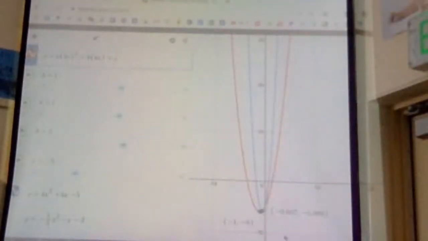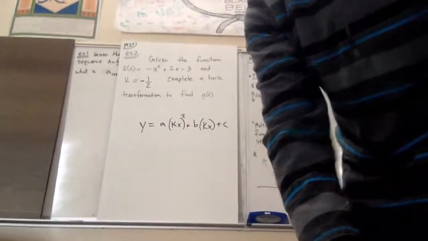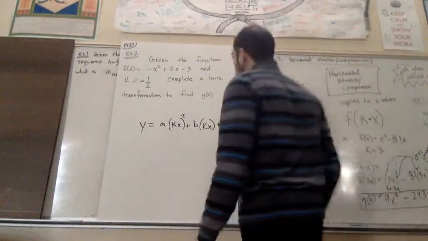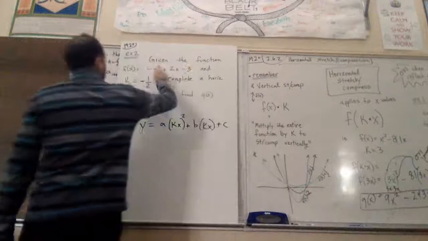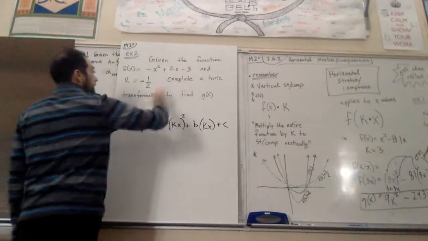Okay. All right. Let's look at our second example then, and let me zoom it back out. Go ahead and start on the second example. I know you know where we're going with this. You're given this function, negative x squared plus 2x minus 3.